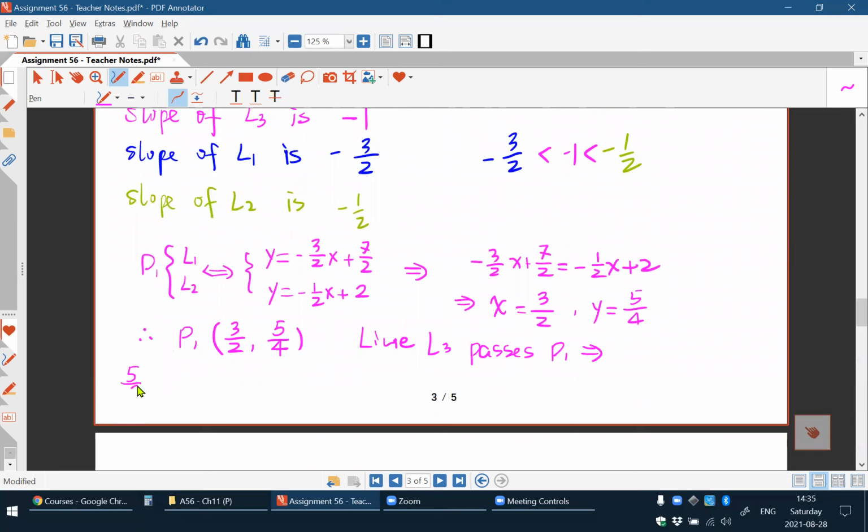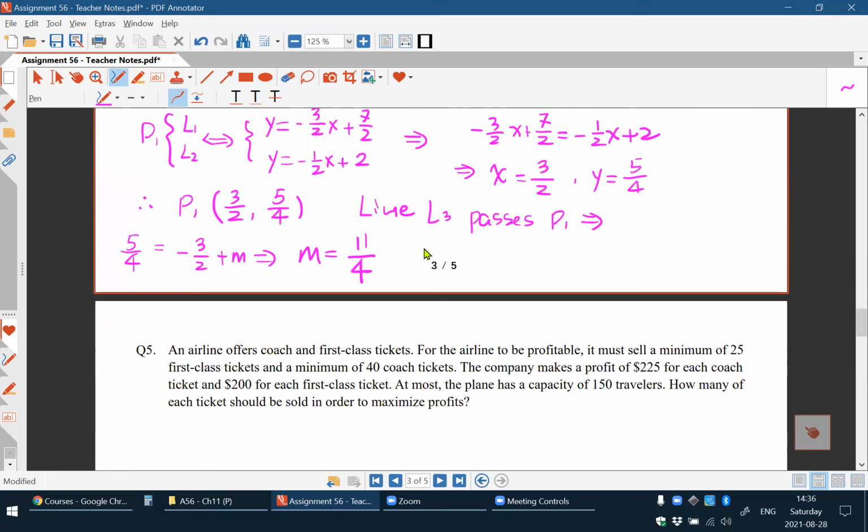So 5/4 equals minus 3/2 plus m. And then we can solve for m, right? m is just 11/4, and this is the maximum value of m, right?